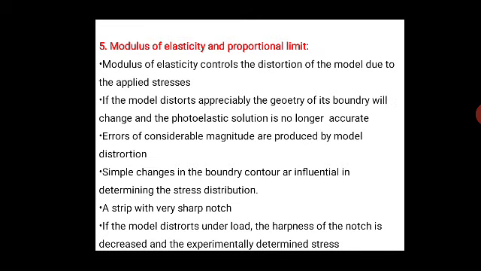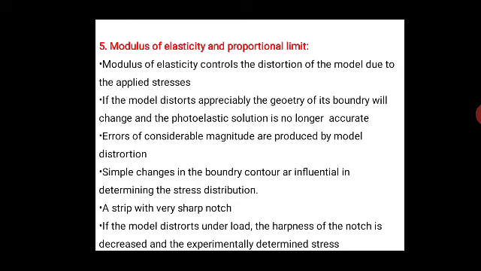And the next important property is modulus of elasticity and proportional limit. The modulus of elasticity, or Young's modulus, is important in the selection of photoelastic material because the modulus itself controls the distortion of the model due to the applied stresses.